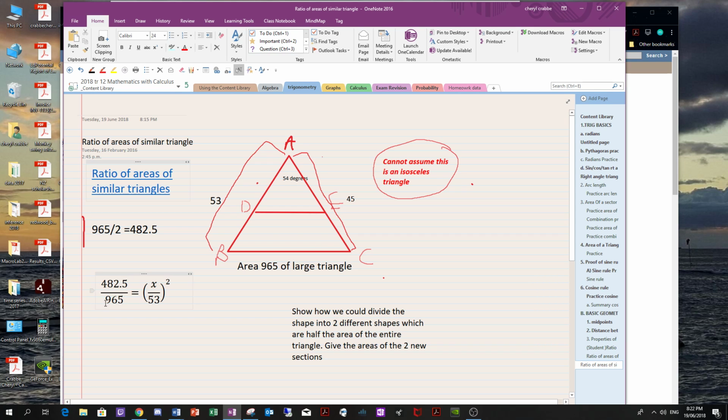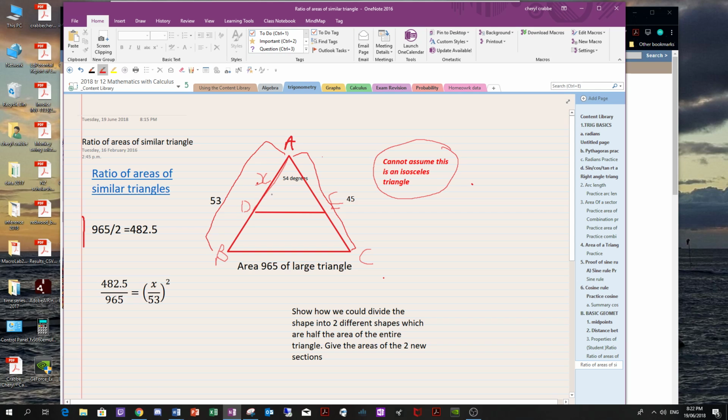The big one's 965 and the little one's 482.5, if we're going to have it half. And what we do is we take corresponding sides. So we can say that this is the big side, 53, and its corresponding side is going to be X. We don't know what it is. So that's that side there.